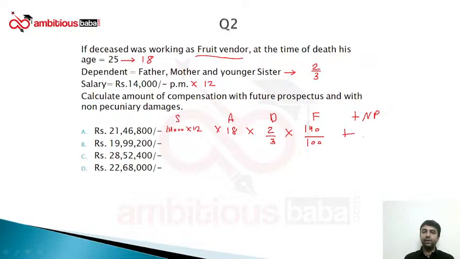And plus non-pecuniary damages. If nothing is given, we will take what? Full amount. Or he is a bachelor, what should we take? 70,000 or 30,000? I want the answer in the chat box while I solve this question.